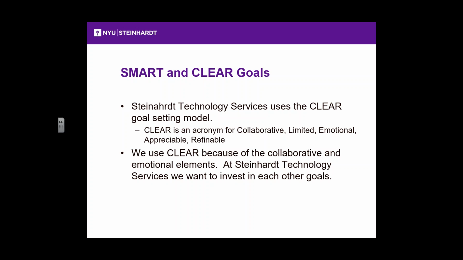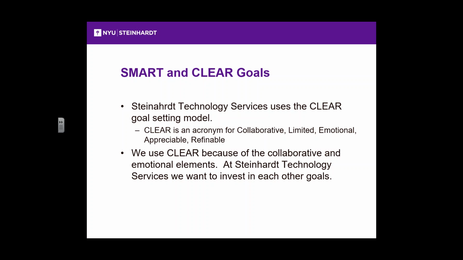So Steinhardt Technology Services uses the CLEAR goal model. CLEAR is an acronym for collaborative, limited, emotional, appreciable, and refinable. And I can't take credit for this. I don't have the reference on me, but if you look at my paper, this was created by some leadership guru, right? So we use CLEAR because of the collaborative and emotional elements.